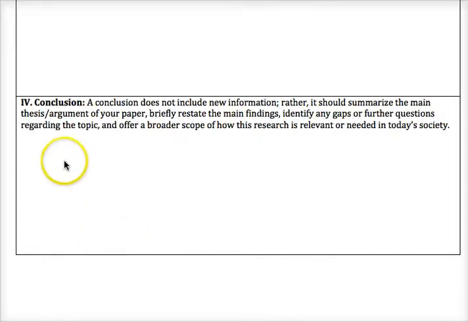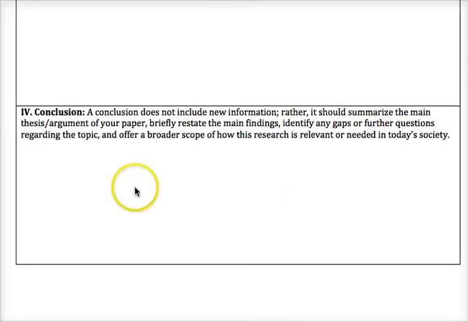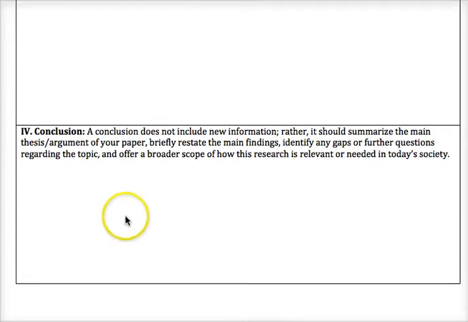So it's more of a broadening of the vision of your research topic and explaining why it was important or relevant to do.